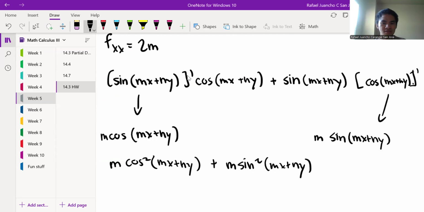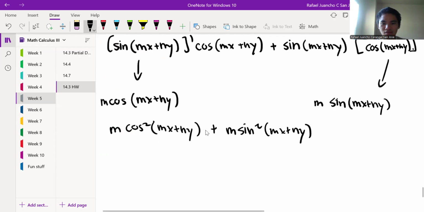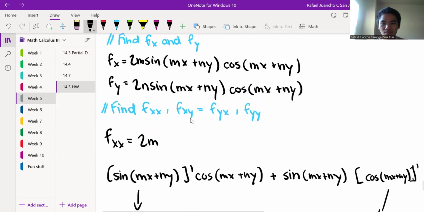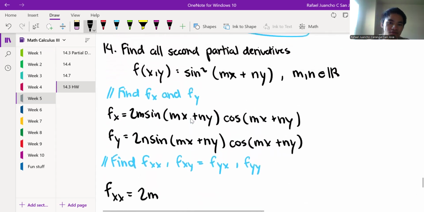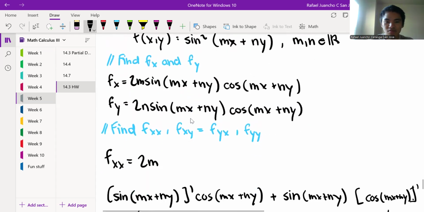Let me see. I must have. There's no way I messed it up again, because I have a 2m here. Oh my goodness, did I mess it up again? 2m sine of this, cosine of this.